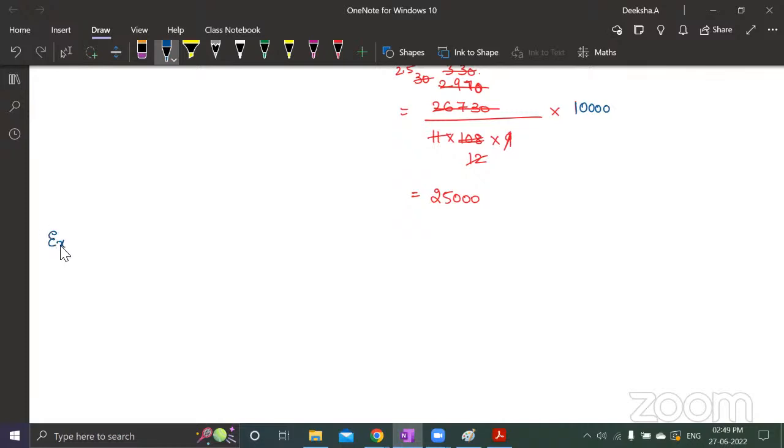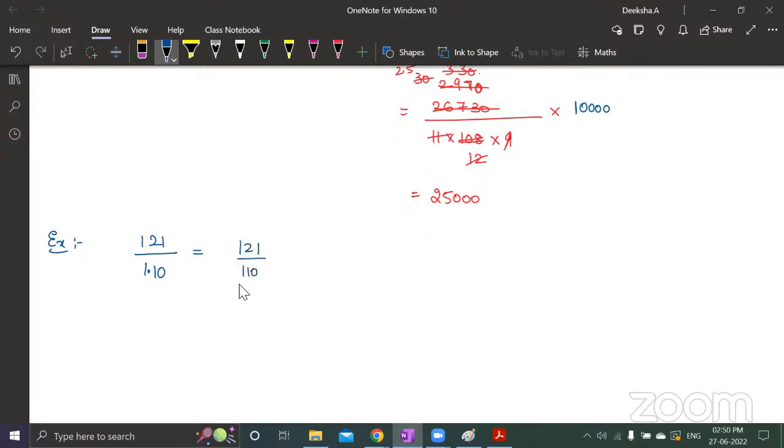Example, 121 divided by 1.1. Here we have a decimal number only in the denominator. I'll take 1.10. Here, how many digits do we have after the decimal point? 2 digits. So we rewrite this fraction without decimal numbers.